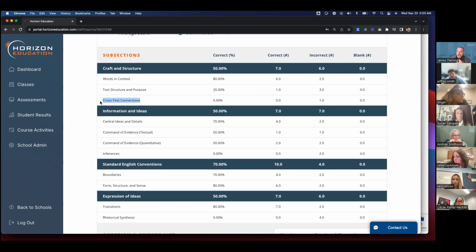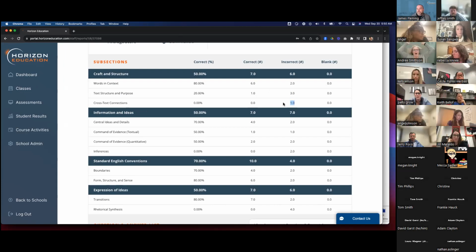Now, there was one item on cross-text connections, 0 correct, 1 incorrect. However, if we're looking at points left on the table, text structure and purpose is probably a bigger focus because there were 4 of those in the test and the student only got 1 right, 3 wrong. So we're thinking about this as a funnel, right?